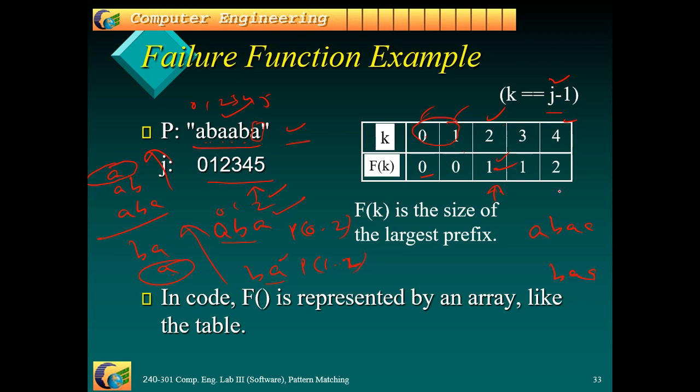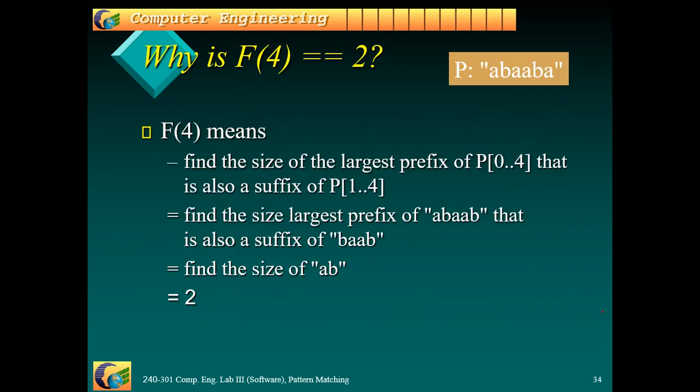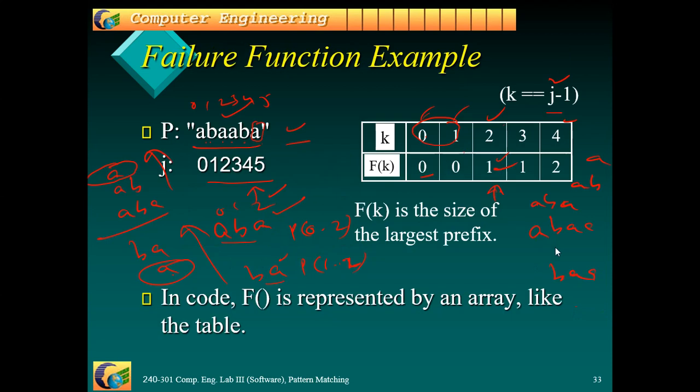From ABAA, the prefixes are ABAA itself, then ABA, or AB, or A. And from BAA, you get BAA itself, then AA, then A. In these two sets, identifying the elements which are equal, there is only one, which is A, having only one character. So the failure function value will be 1 here.